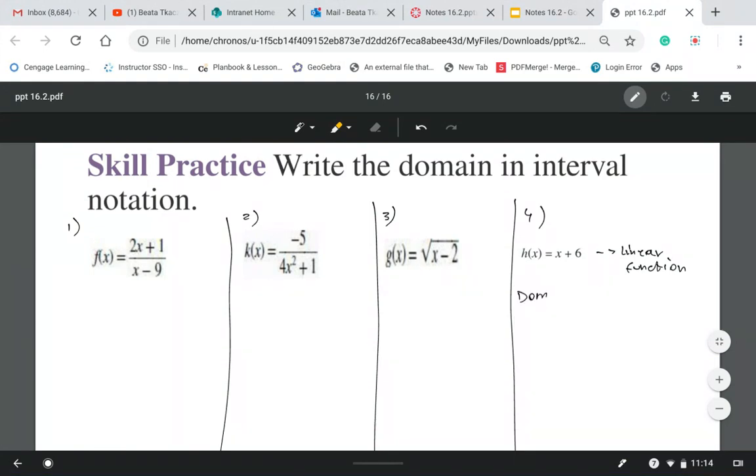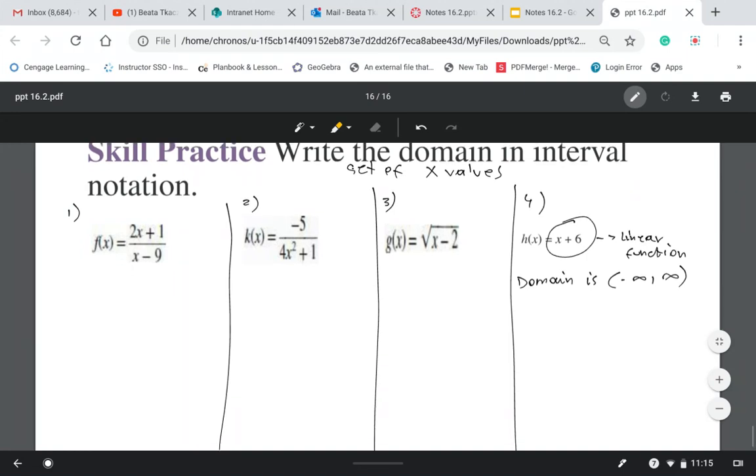So the domain is from negative infinity to positive infinity. Again, the domain represents the x values, it's a set of x values. Here in this problem, we don't have any restrictions. You can pick any number for x, plug it in, and you will always be able to evaluate that function. That's why the domain is the set of all real numbers.